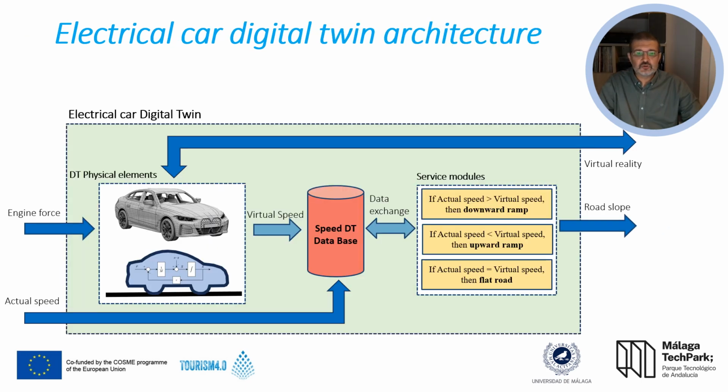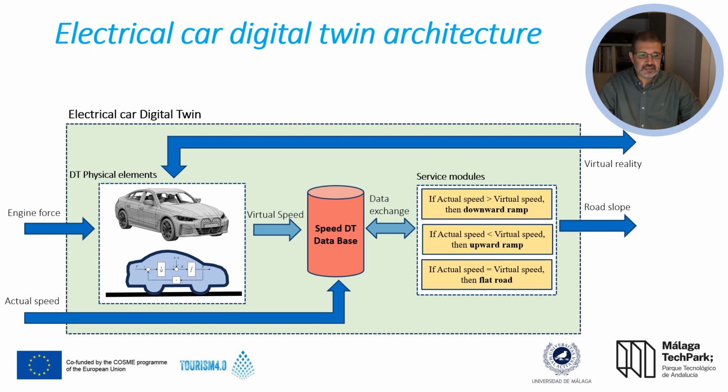This slide shows to you the particular digital twin of the car with the consideration that I said to you in the previous slides. In this way, on the left is the 3D geometrical model of the car.